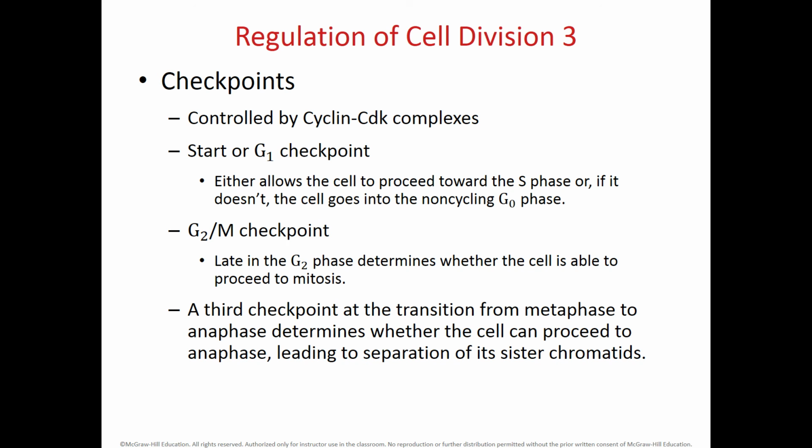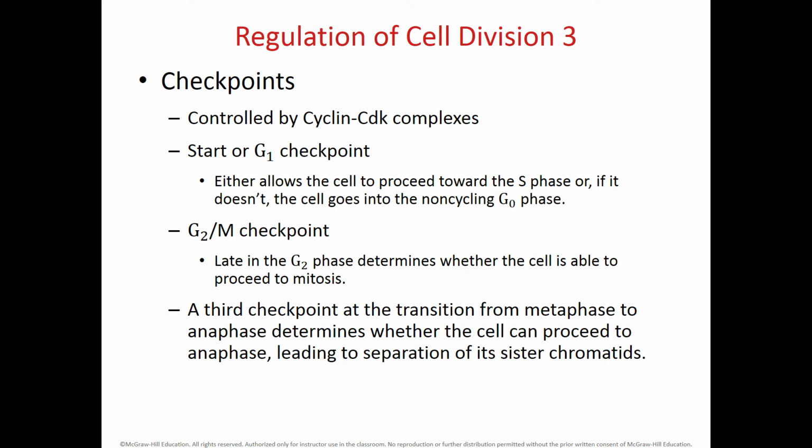And then you have another checkpoint, which is the G2/M checkpoint, in which once you have duplicated the DNA, you prevent the cell from going into mitosis if your cell has severe mutations. And then the cell can commit something called apoptosis, or cell suicide.